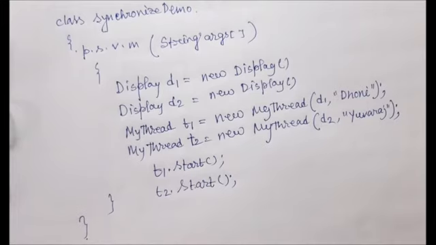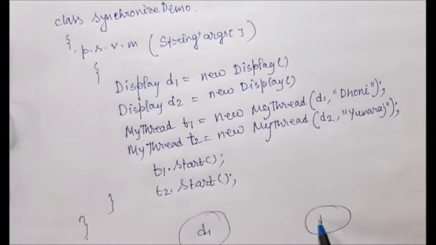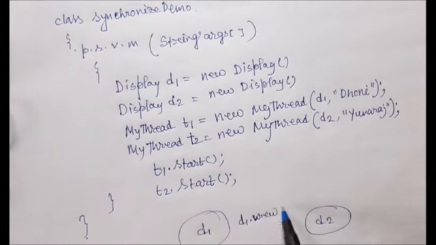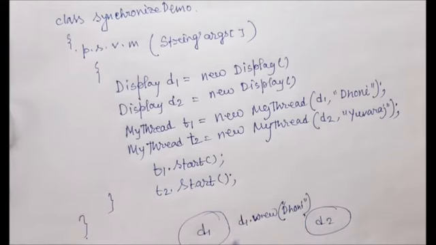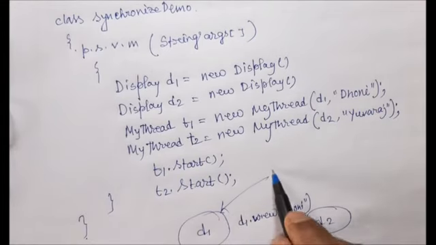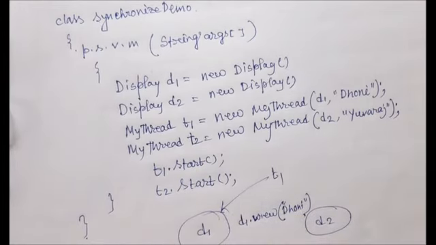Now, we have two objects, one object is d1, another object is d2. So d1 object is accessing which method? The view method, d1.view with the argument Dhoni, and which thread is responsible? The thread t1.